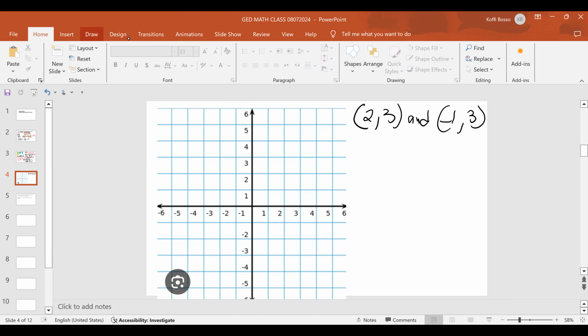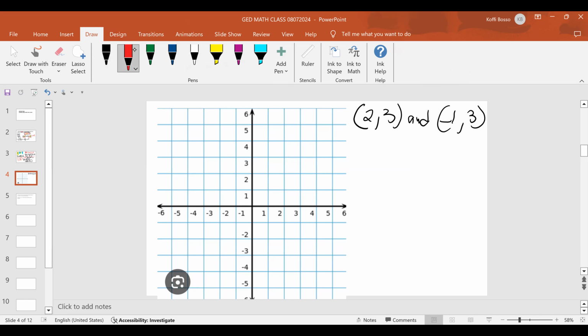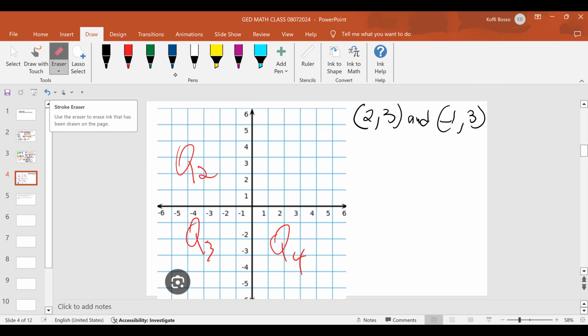To plot the first point, in which quadrant will that first point (2, 3) be located? By quadrant, here we have quadrant 1, quadrant 2, quadrant 3, quadrant 4. So we're going to be in quadrant 1, right? So that point will be (2, 3), somewhere here.